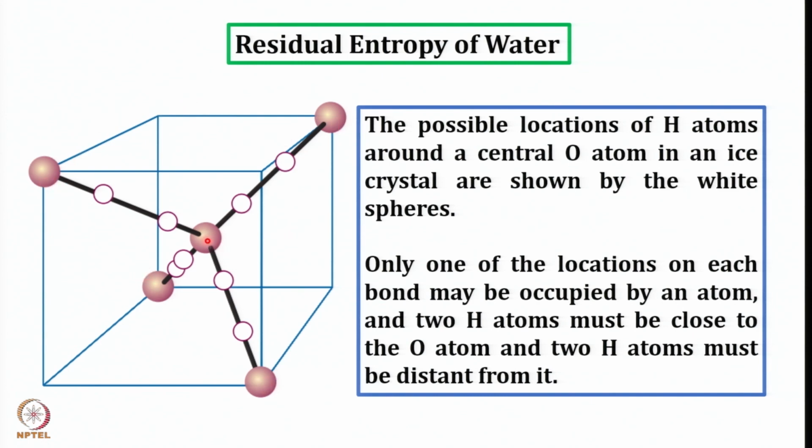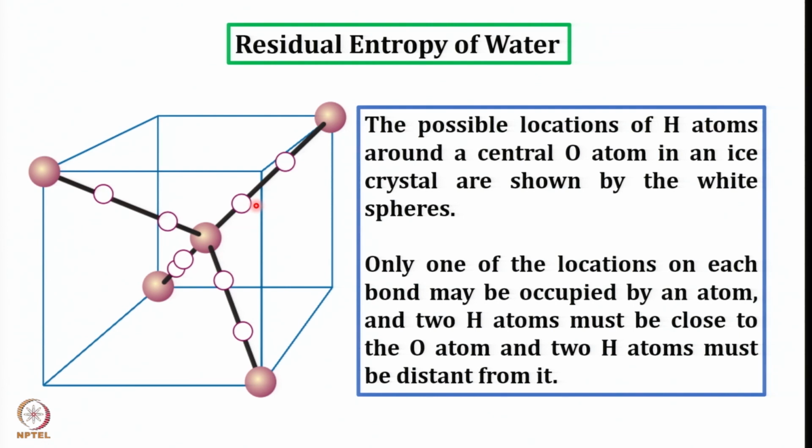One oxygen is surrounded by 1, 2, 3, 4 other oxygens in a regular tetrahedral manner. In between two oxygens, you have hydrogens. We have shown two possibilities of hydrogens. What are those two possibilities? One of these is going to be a hydrogen bond and one is going to be a covalent bond.